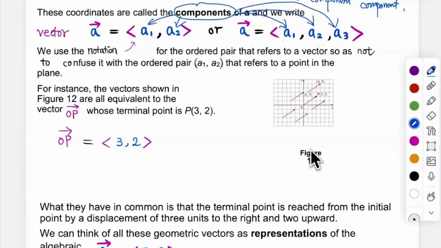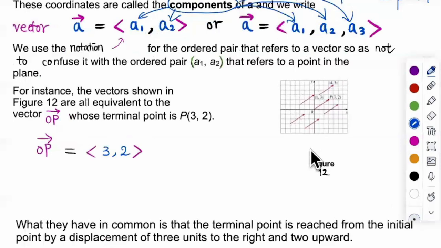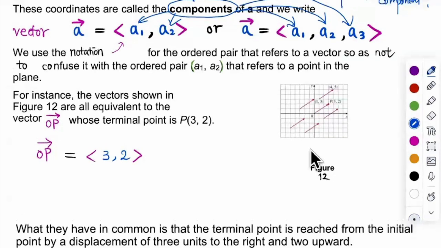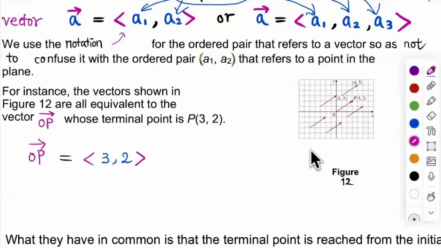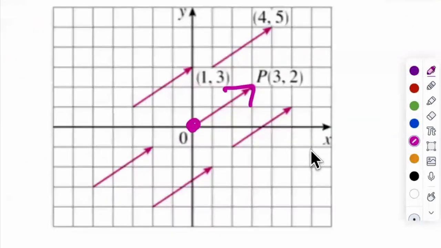Now, what about this vector OP? This will answer the question that one of you just asked. This vector over here, angle bracket 3, 2. Is it always starting from the origin? Let's have a look. It starts from the origin and points to the point 3, 2.